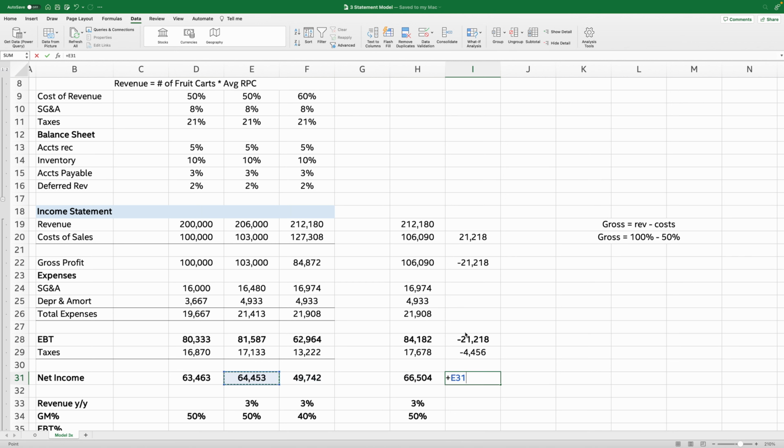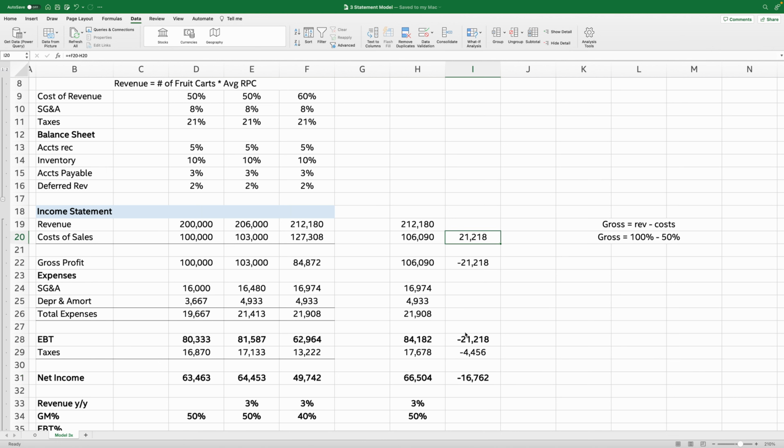And our net income is down. How much is our net income down by? Is it going to be 21,218 or a different number? This is not a trick question. Okay, had enough time to think about it. It's less. It's down by less than 21,218. The question is why?